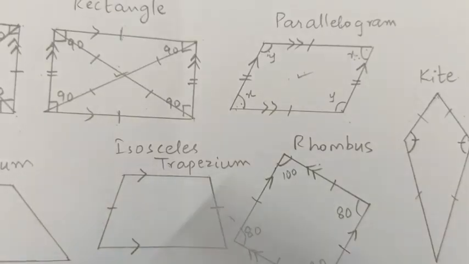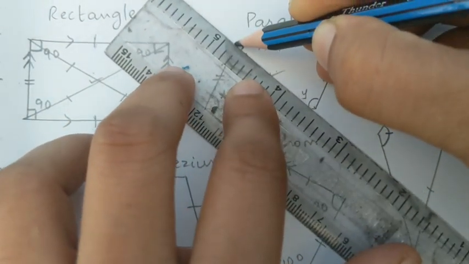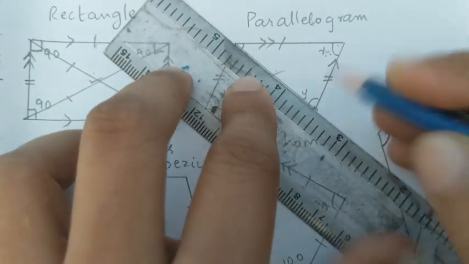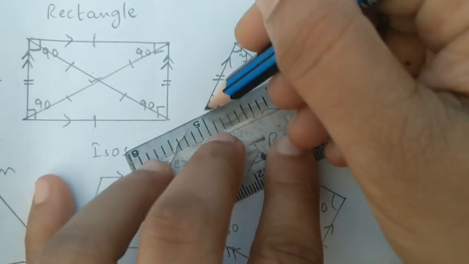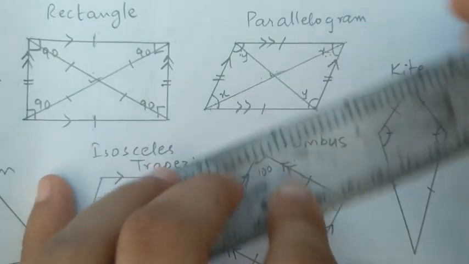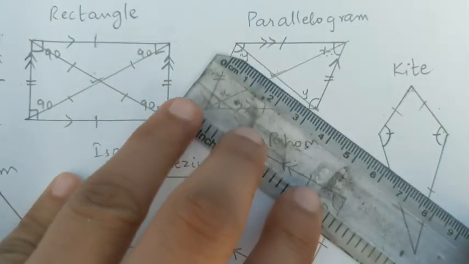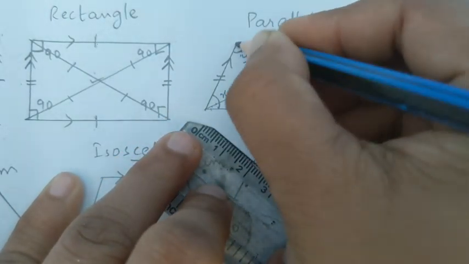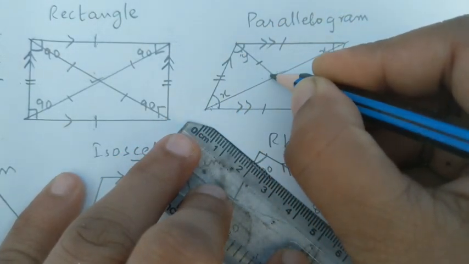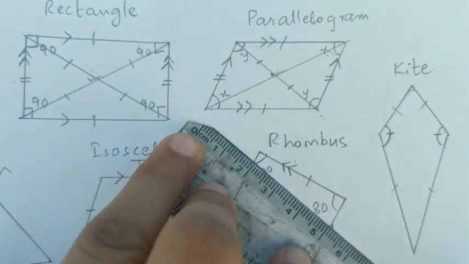Similarly, in a parallelogram, when we draw a diagonal line over here and another diagonal line opposite to it, let's say this line is 4 centimeters, for example. So this one would be 2 centimeters from here to the center, and from the center to the end it would also be 2 centimeters.